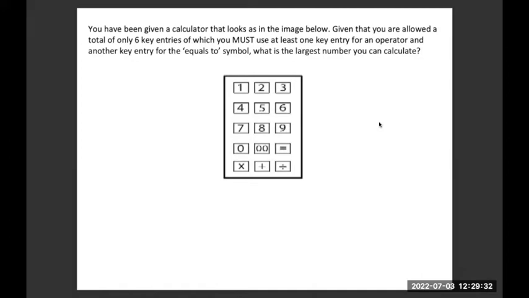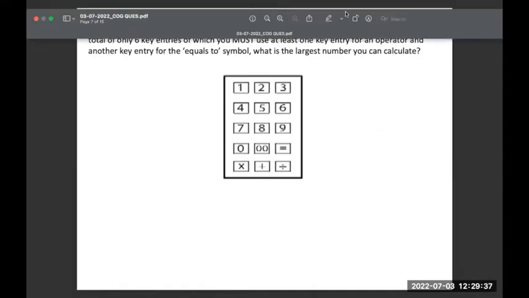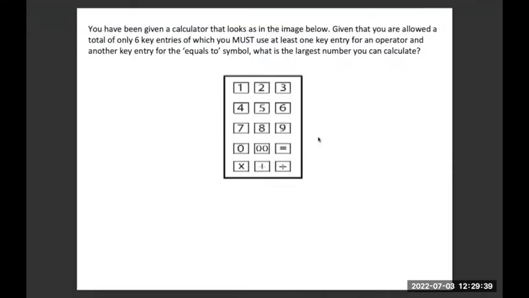Of the 6 key entries, one entry gets used for the operator and one for the equal to. So 1, 2, 3, 4, 5, 6. Since we are allowed 6, the last one will be equal to. There has to be one operator that you need to use.